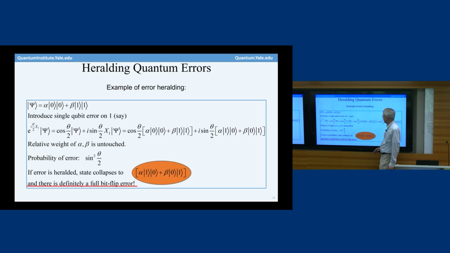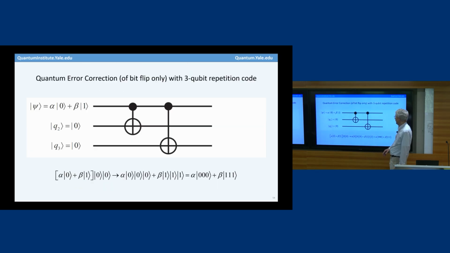But now we have the original bit and two extra ones that we're going to entangle with it to produce the code word. And then to measure things, there'll be more ancilla bits. For the production. Yeah, right. So that produces the code word, alpha 0, 0, 0 plus beta 1, 1, 1. Good.